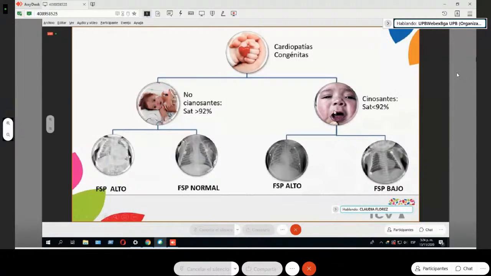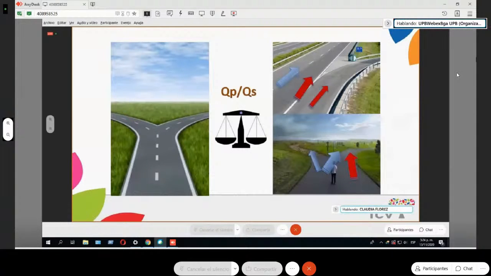Is it normal or is it increased? Or we can have cyanotic patients with increased blood flow to the lung or decreased blood flow. So we can have an initial diagnosis approach with these pathologies like this.